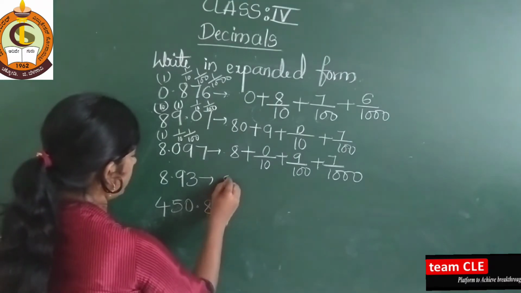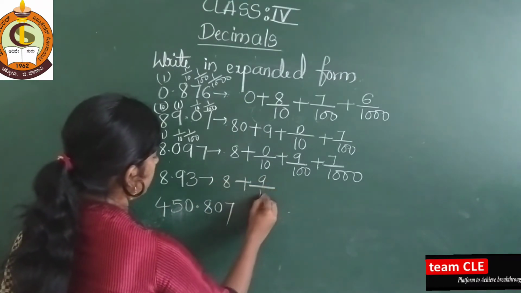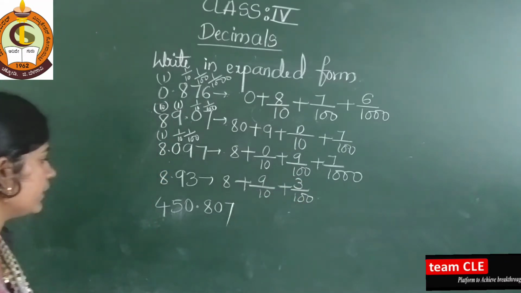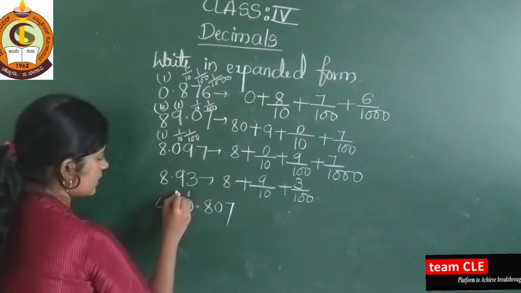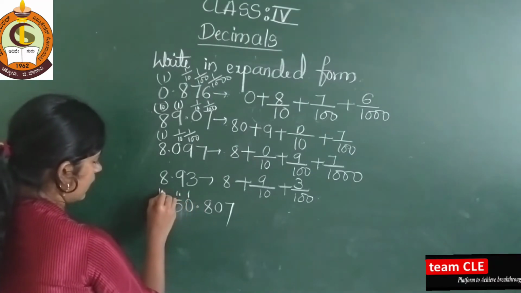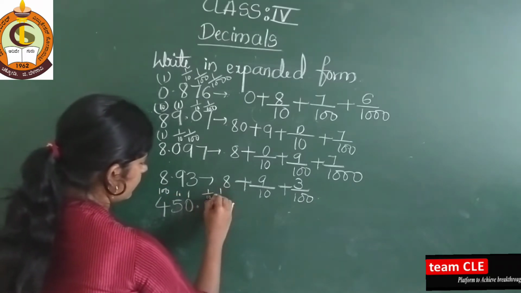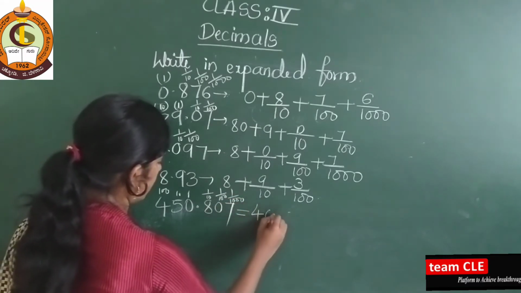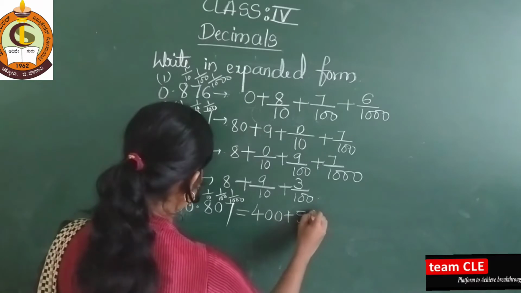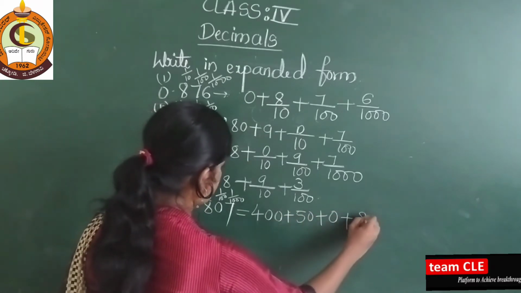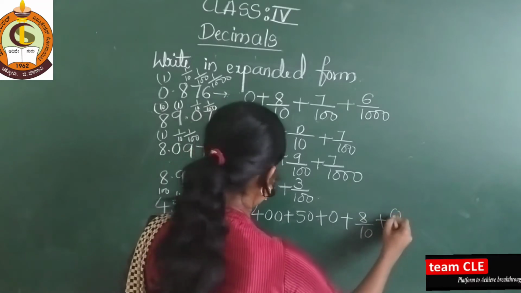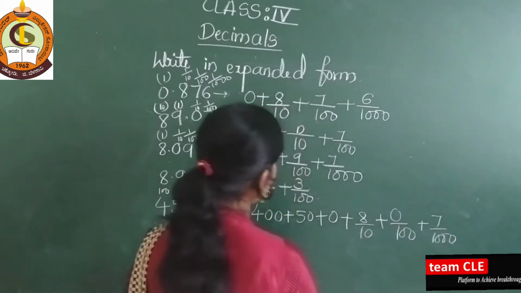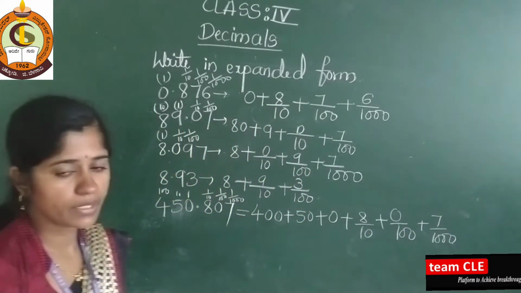Next 8 ones means 8 plus 9 by 10 plus 3 by 100. Again see ones, tens, hundreds; here 1 by 10, 1 by 100, 1 by 1000 will come. So 4 hundreds means 400 plus 50 plus 0. 8 tenths means 8 by 10 plus 0 by 100 plus 7 by 1000.